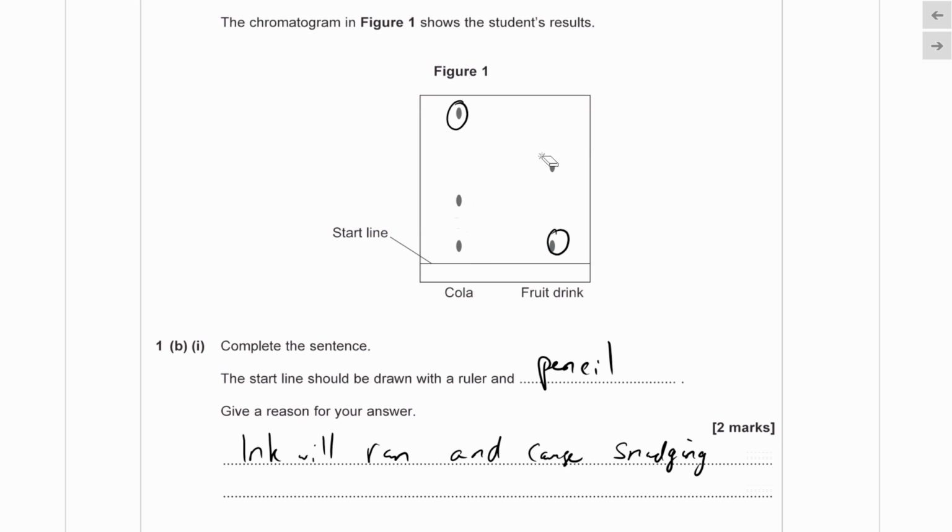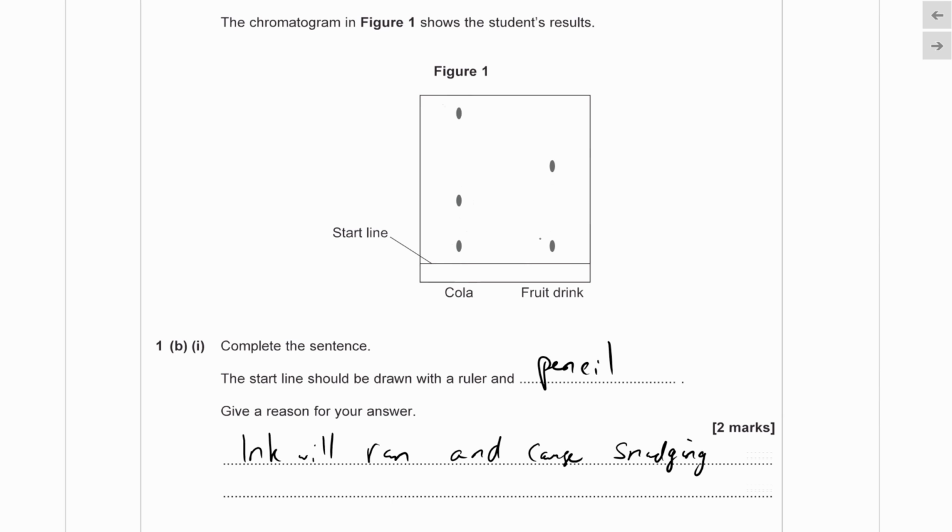So the last observation I'm going to make is this one here. Well, these look like they're at exactly the same place. Now remember how chromatography works, right? The different dyes or colourings or whatever it is that you're separating, they like the paper in varying amounts. So some of them will try to stick to the paper as much as they can, and so they won't move very far from the start line, and so that's like this one. Whereas this one at the top, alright, it's obviously moved really far. That's because it doesn't have a high affinity for the paper, or it doesn't like the paper very much, so it's fine to just run along with the solvent.